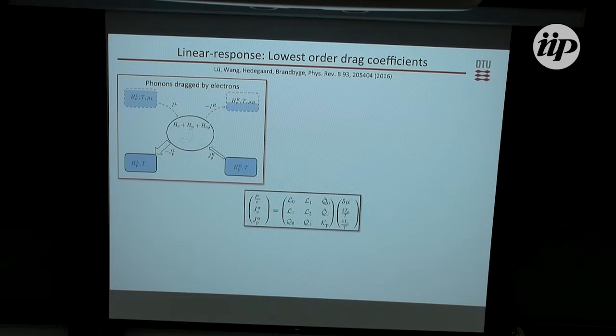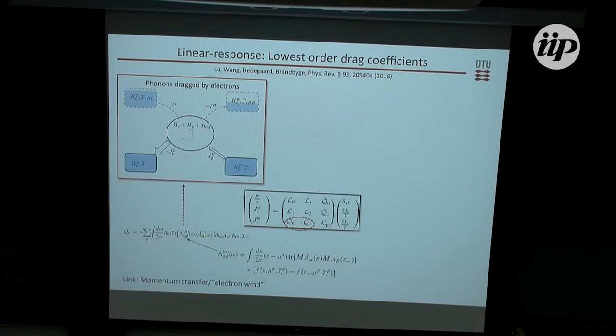Of course, you will have some Joule heating in here, and that will have an equal amount of heat flow to these two. But there's kind of a Peltier heat flow, you can say, which means that you will have a difference in left and right phonon current. And you can do a linear response kind of theory for this and calculate these kind of drag coefficients.